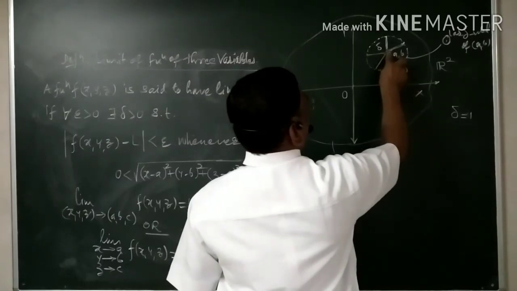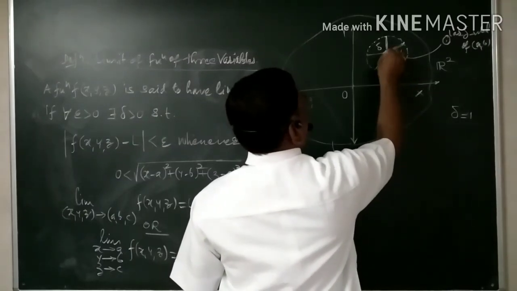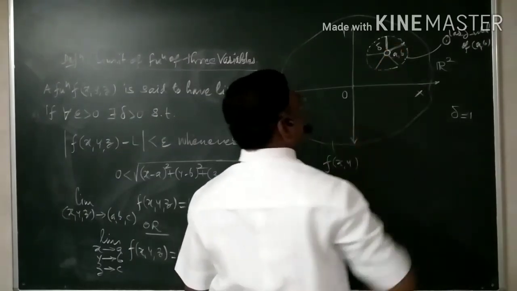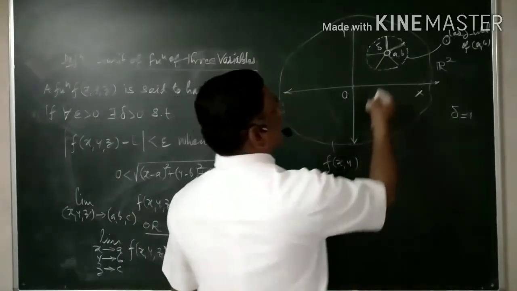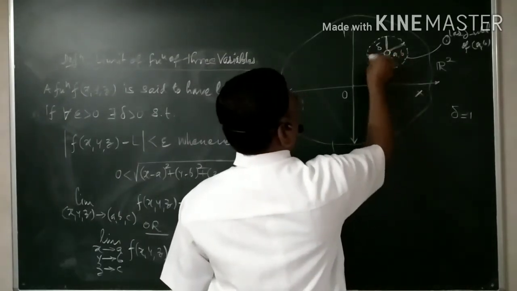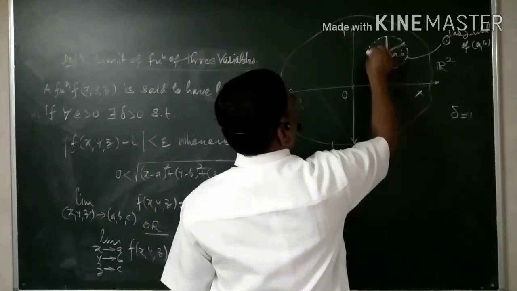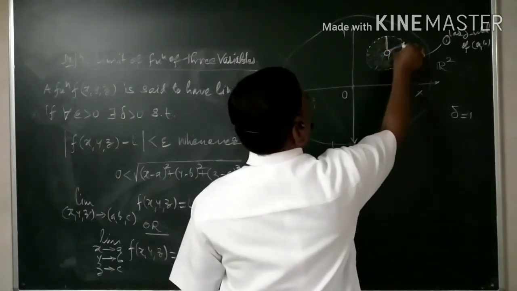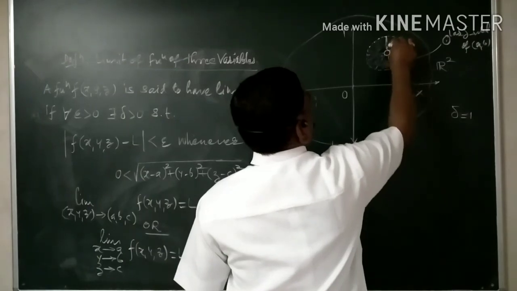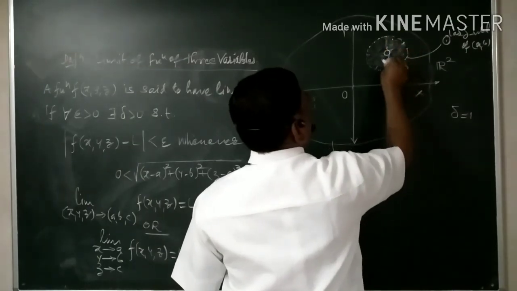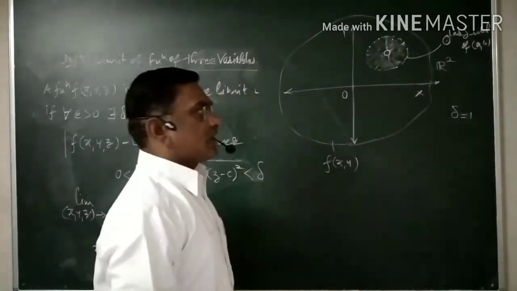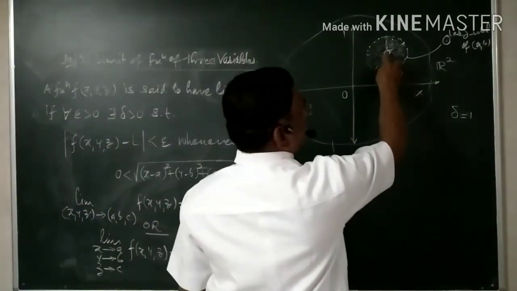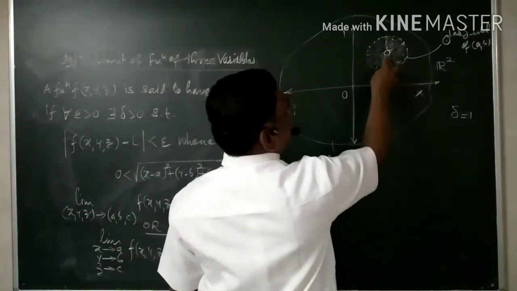If I am not considering this point (a, b), which I am going to remove, and I am considering only the part inside this circle, which has no boundary, then we can have here the distance greater than 0.